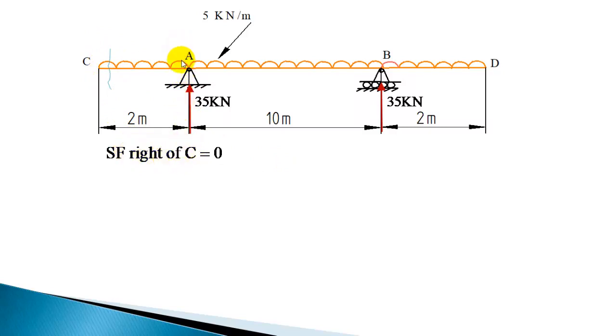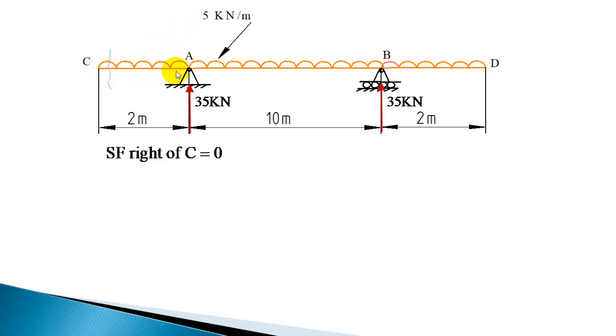Now let us take a section here immediately left of A without considering this reaction. Immediately left of A, this part of UDL will come, and it is for 2 meter length. 5 kilonewton per meter is the intensity.